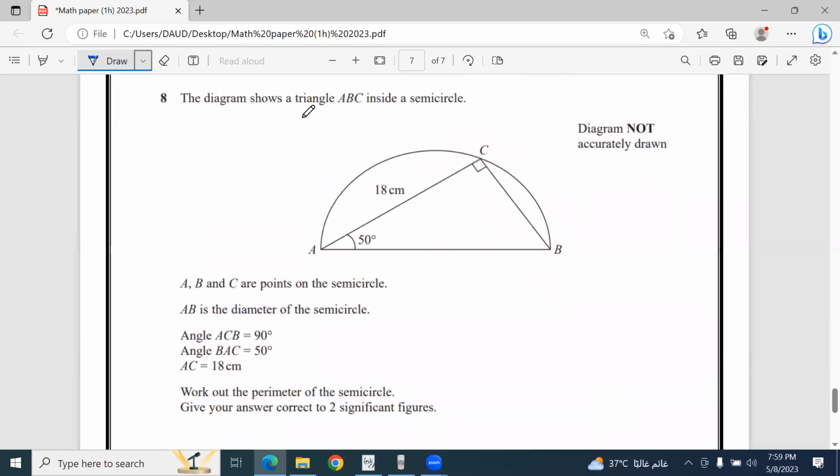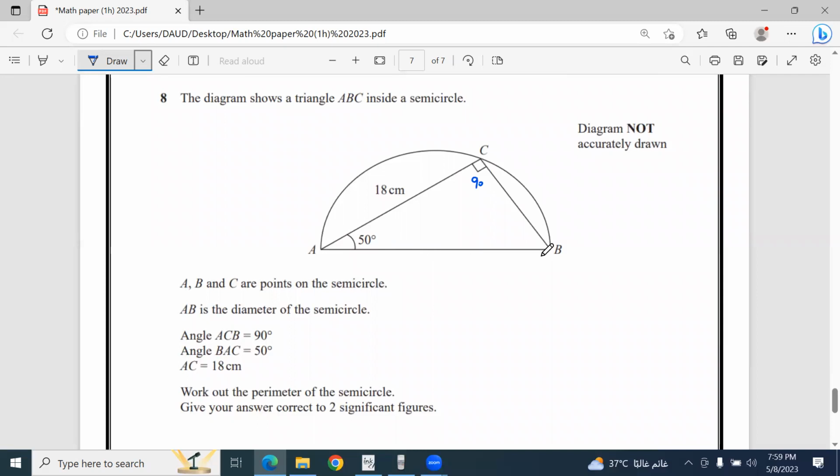The diagram shows a triangle ABC inside a semicircle, and you can see that there is a right angle inside the semicircle, and one side is given. They mention the angle at A, and AC we can consider as adjacent, and the side opposite the right angle is always the hypotenuse, the longest side.